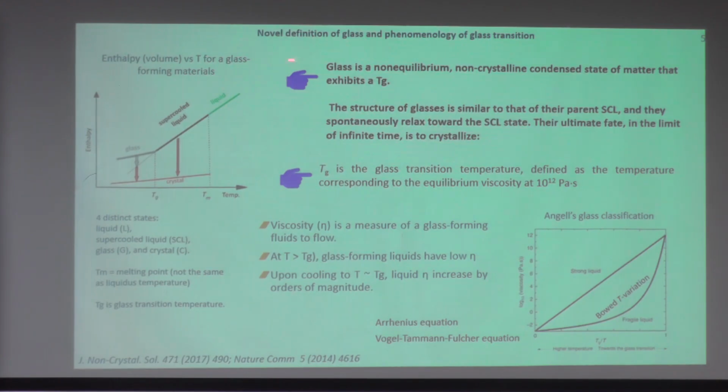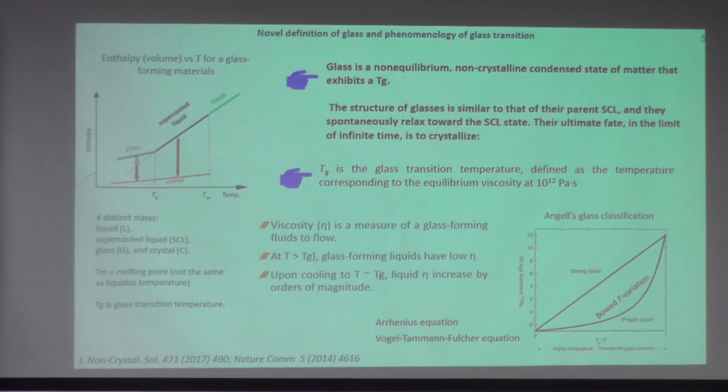So in this state the viscosity increases, and in this state it decreases. The viscosity is the measure of a glass-forming fluid's resistance to flow, and at T larger than Tg, glass-forming liquids have low viscosity, and upon cooling it increases by orders of magnitude.